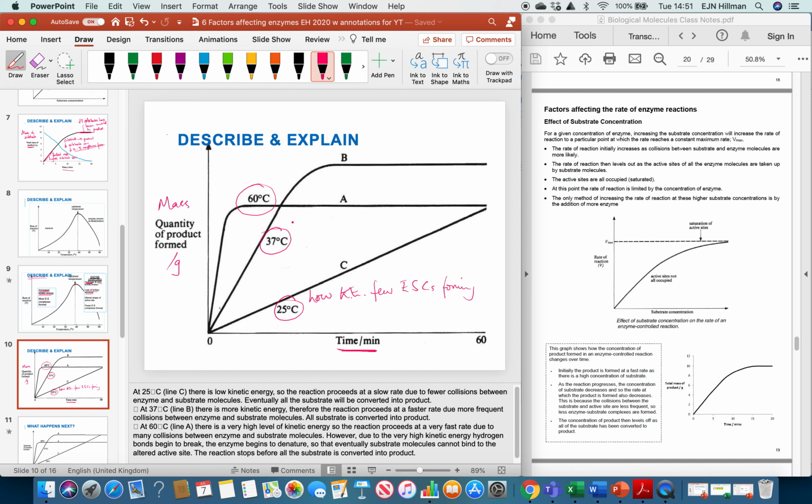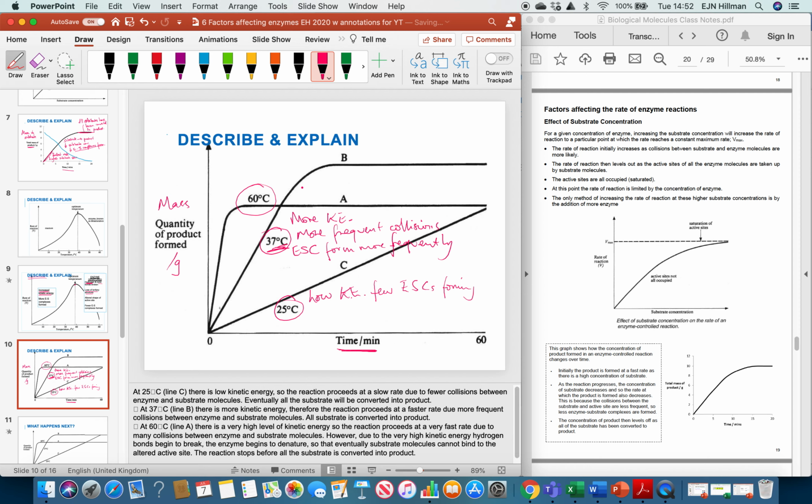At 37 degrees, there is more kinetic energy, and therefore the reaction proceeds at a faster rate due to more frequent collisions and the more frequent formation of enzyme substrate complexes. And this is in B at 37 degrees.